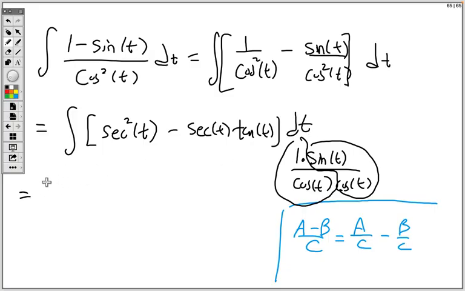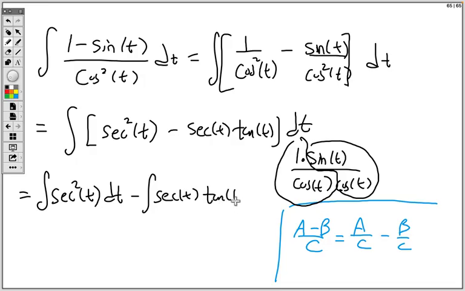And now using the sum and difference property, the integral of secant squared of t dt minus the integral of secant of t times tangent of t dt. The integral of secant squared of t dt, that's your tangent of t. The integral of secant of t times tangent of t is secant of t plus c.